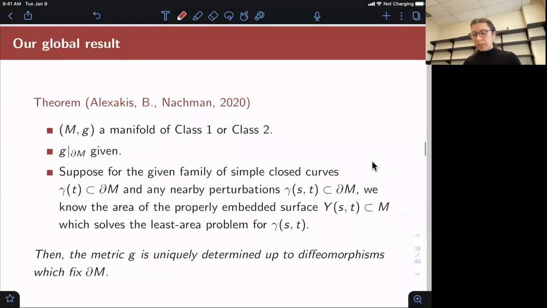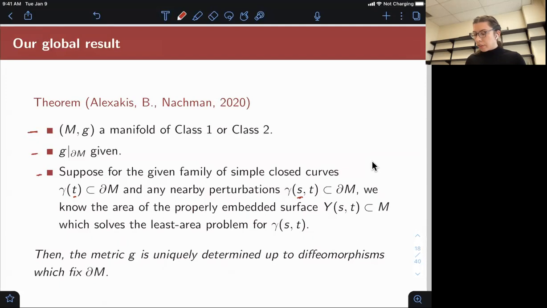So what is our global result? What we're able to show is that if I have a Riemannian manifold which is of class 1 or class 2, putting off the description for just a moment, let's say I know the metric on the boundary, and suppose for any family of simple closed curves on the boundary, which I'm going to denote with a parameter t, and any nearby perturbations of this curve, so I'm allowed to wiggle it a little bit, for this two-parameter family of curves, I know the area of any properly embedded surface, that is, a surface whose boundary is indeed this curve.